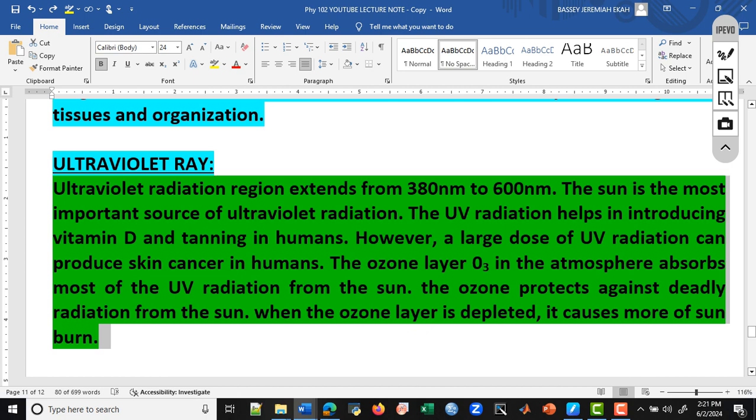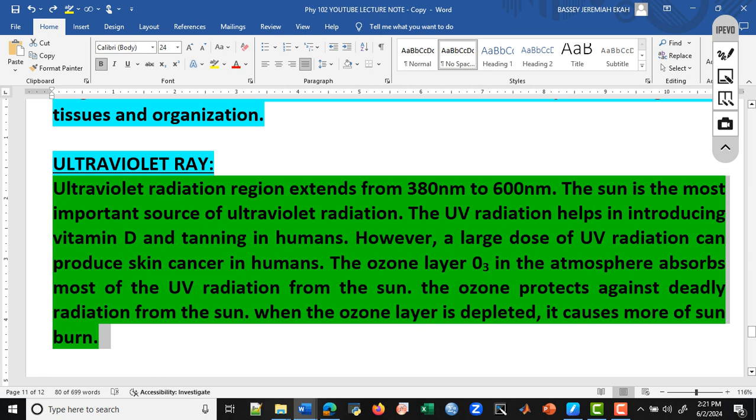However, a large dose of UV radiation can produce skin cancer in the body. So in as much as the UV radiation is helpful, it can as well lead to cancer if we are being exposed to excessive dose of it.